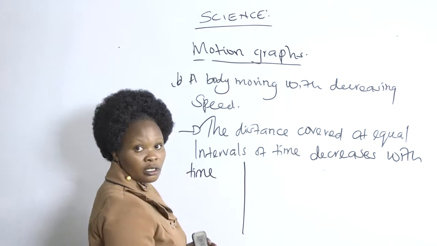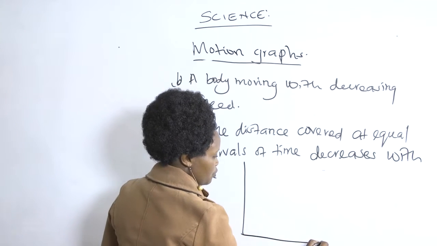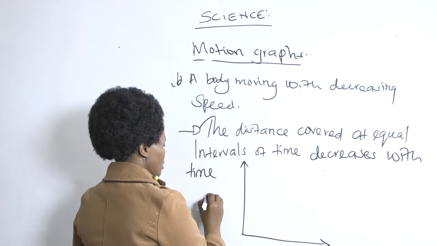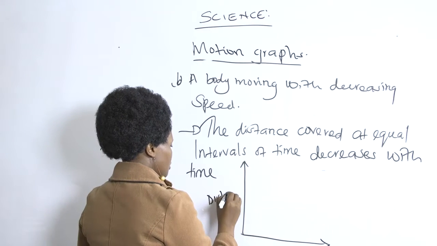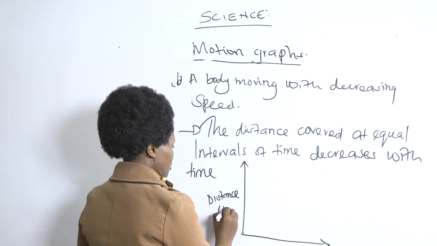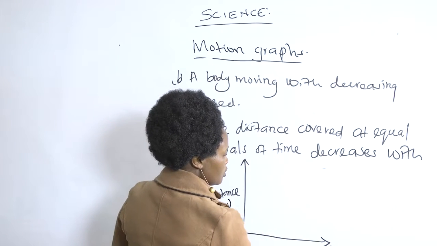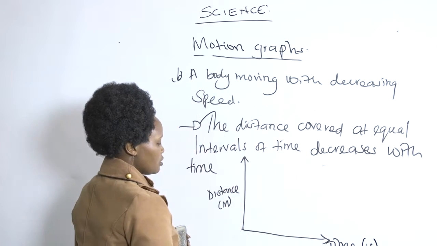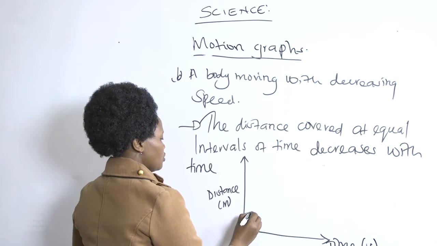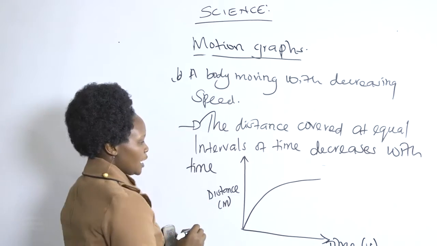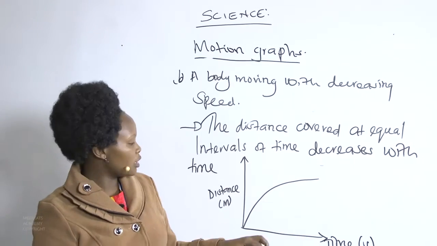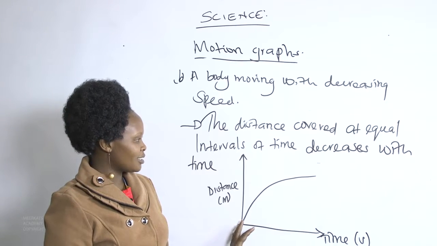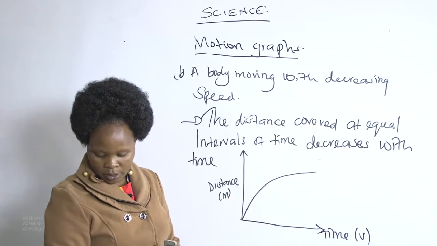Again, if we sketch, this is distance in meters, this is time in seconds. We should have a graph which is actually a curve whose gradient decreases with time.